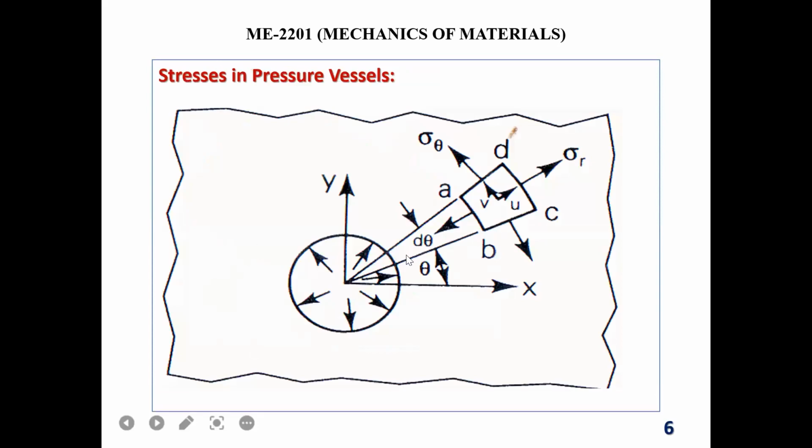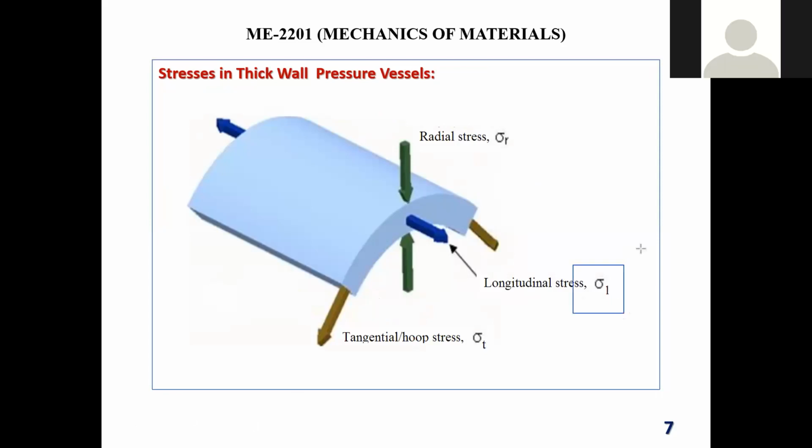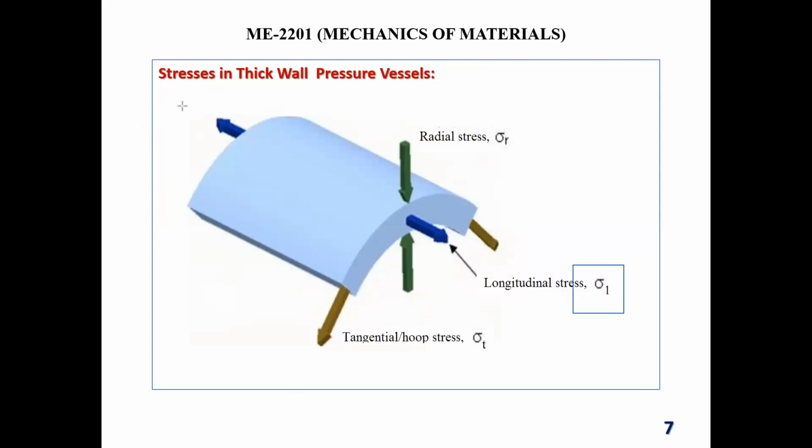Now you see in this figure, a longitudinal stress, sigma L, working along this direction. Okay, along this direction. And this is sigma T, right over here, tangential direction. And sigma R, this pressure pushing upward, and there is an outside resistance working downward.